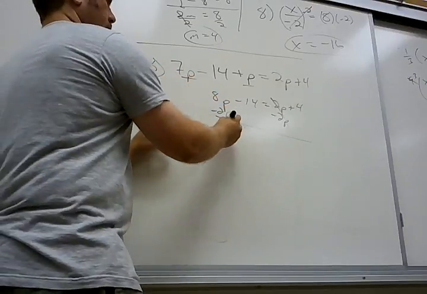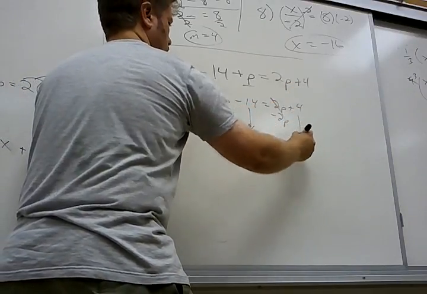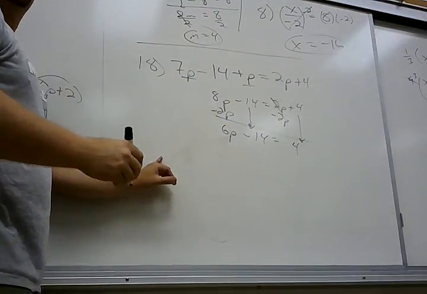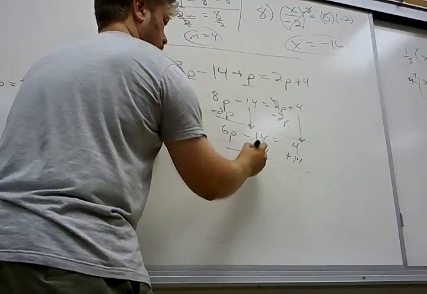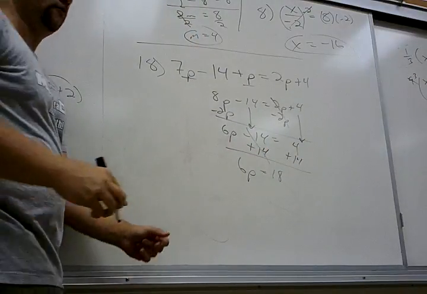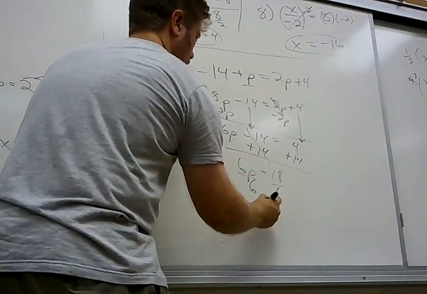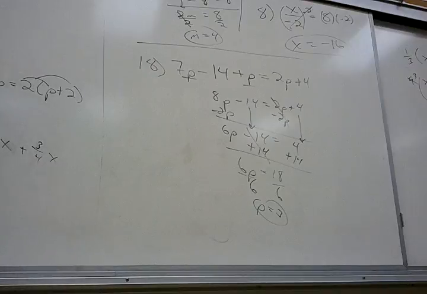So here you get 6p minus 14 equals plus 4. Add 14. 6p equals 18. Divide by 6. P is 3. If you plugged it in, it would work.